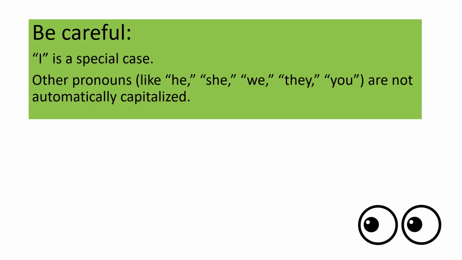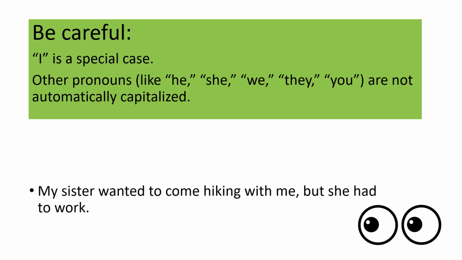Now, one thing to be careful about in reason number 2 is that I is a special case. Other pronouns like he, she, we, they, and you, they're not automatically capitalized. They're not the same as the word I. So here's just a possible example.